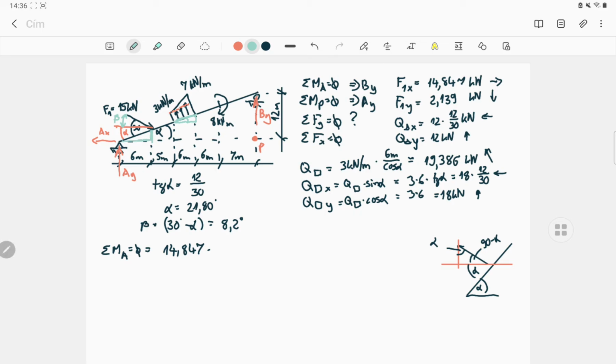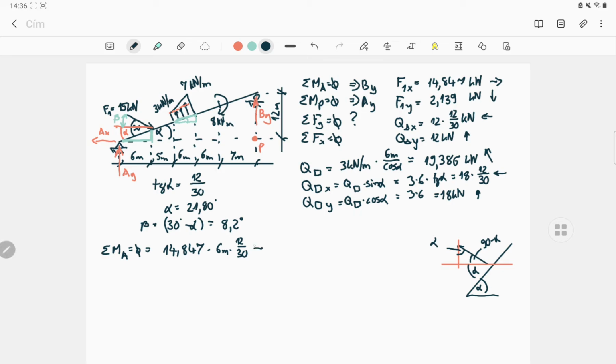And we will calculate this one from the green triangle again, because we know the horizontal distance is 6 and we know the angle is alpha. So the Y distance is calculated with the horizontal times tangent alpha. The 6 times 12 over 30 gives you the vertical distance of this triangle.